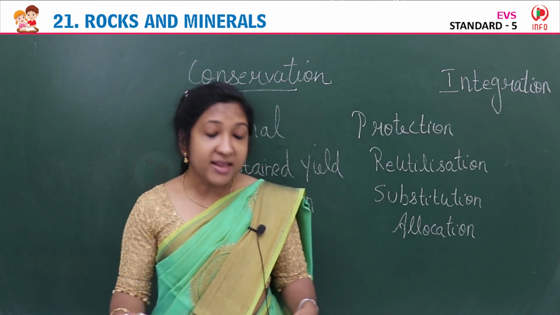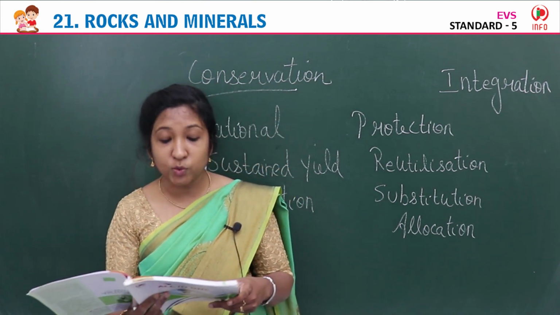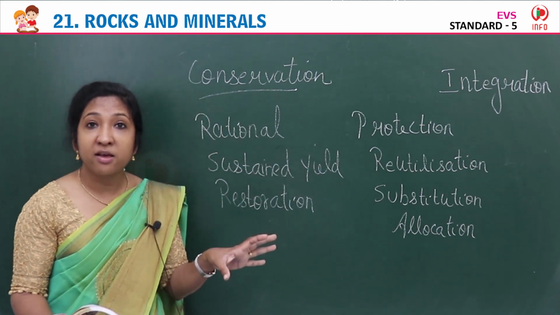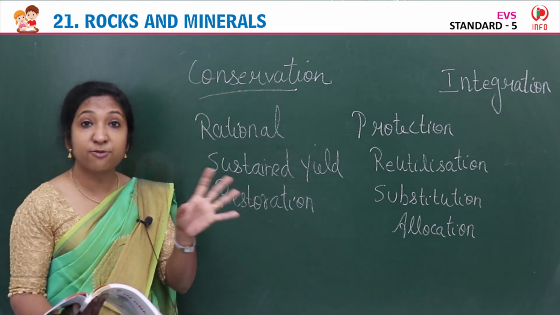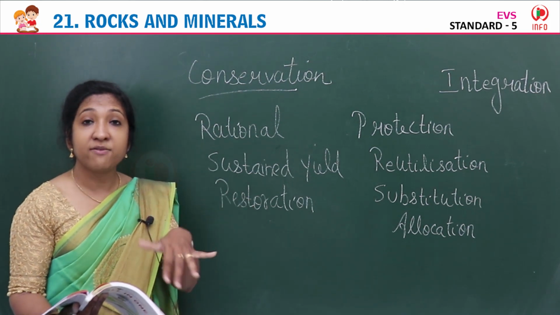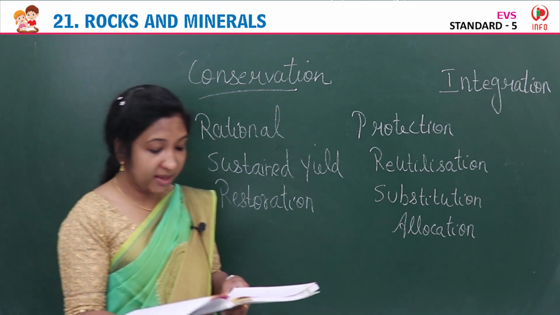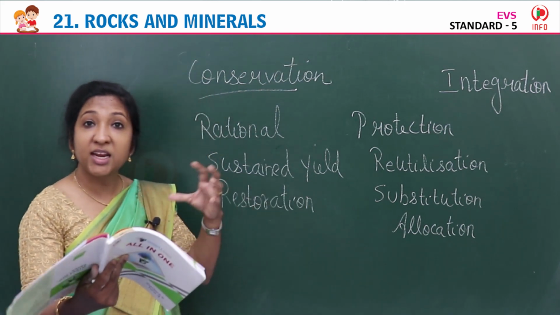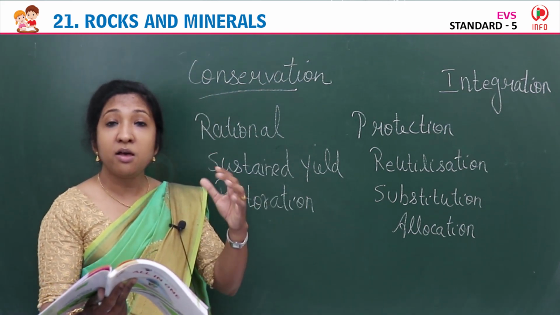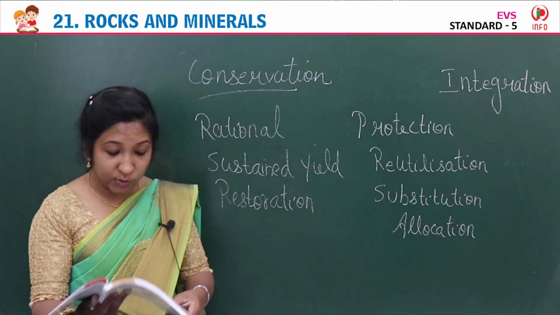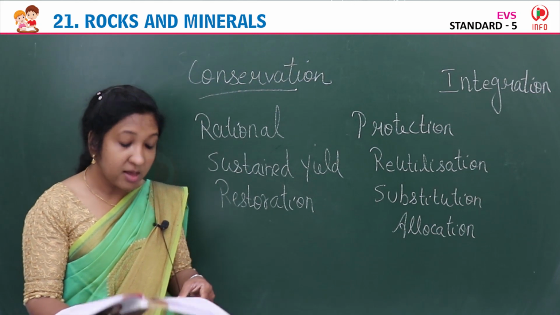So under conservation of natural resources, we learned about rational use of resources without wasting them, waste-free using, judicially using, wisely using, sustained yield. We need to sustain it. We should keep it in existence, we have to use it continuously, that you should keep in mind.